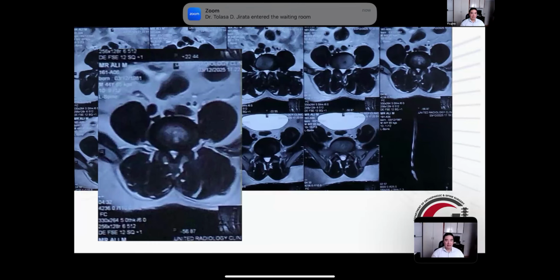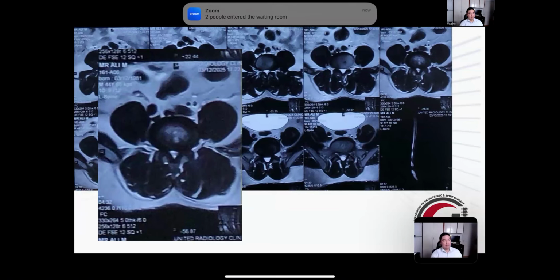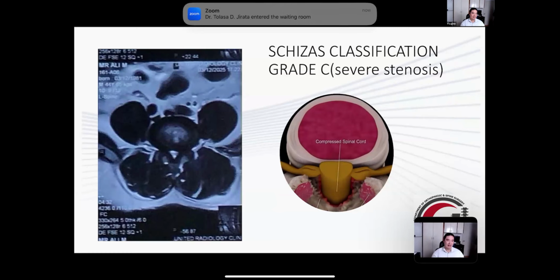And with fusion it's worse because you have a leverage with higher stress over adjacent segments. But like Jason said, we are addressing the problem that is annoying the patient at the moment. We're not preventing any other stuff.